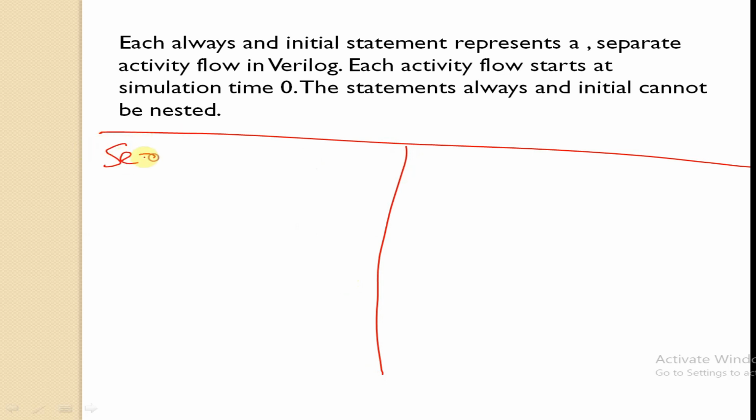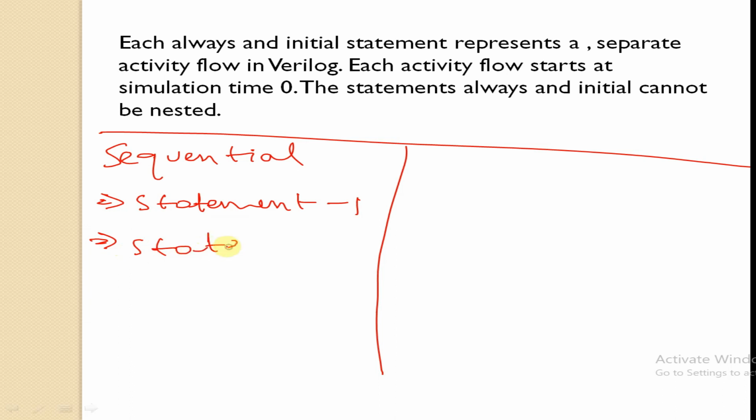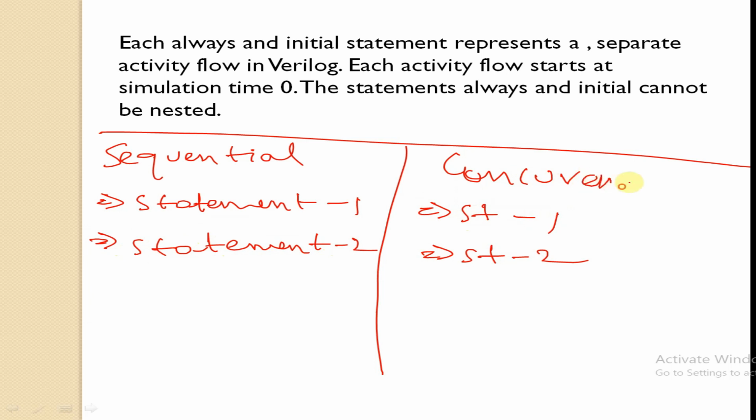Sequential means, say this is statement 1 and this is statement 2. Here also we take statement 1 and statement 2. This is the example for concurrent. In the case of sequential, every statement will get executed in sequential steps.